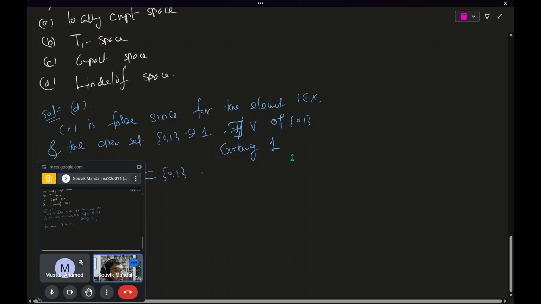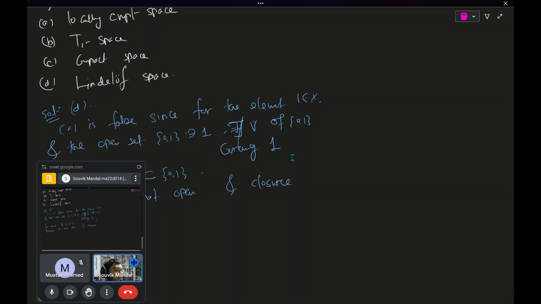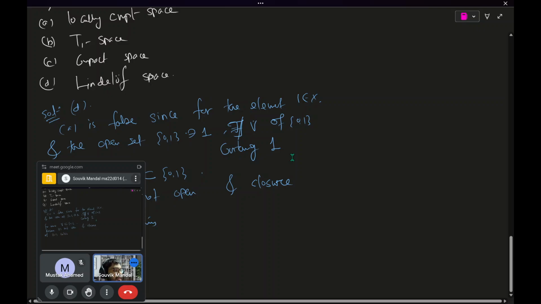Because singleton {1} is not open and the closure of the doubleton {0, 1} contains all of X.